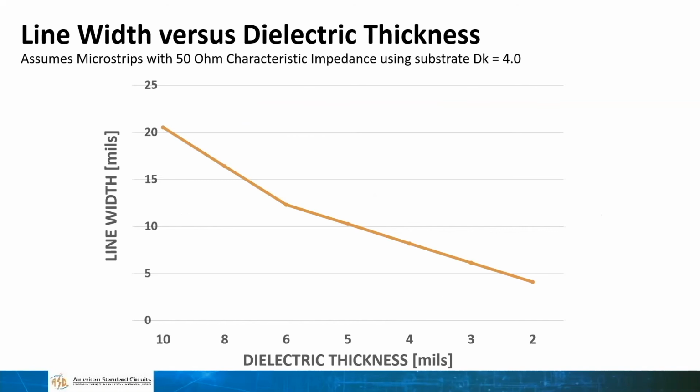And on the opposite end of that, if the dielectric thickness is only 2 mils, then you need it to be roughly 4 mils wide. And so you have this curve that shows you that the dielectric thickness and the line width, for as long as you want to keep the impedance constant, have this negative correlation, close to linear, but not quite.